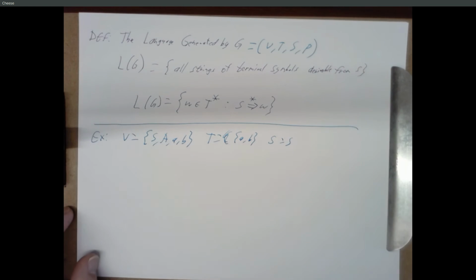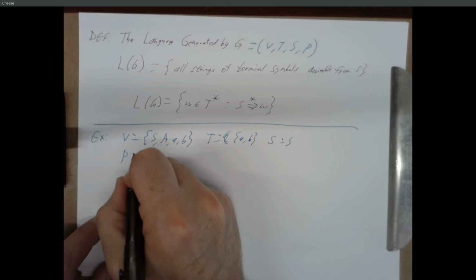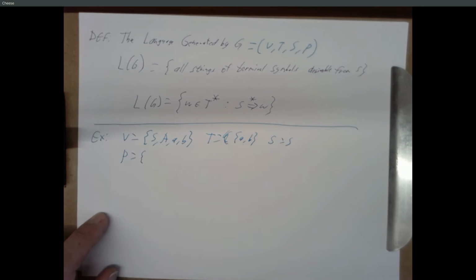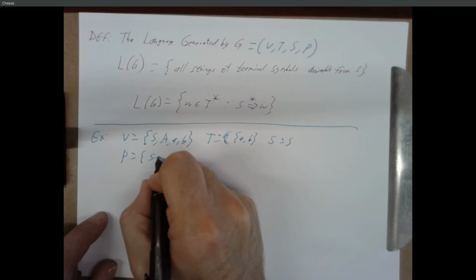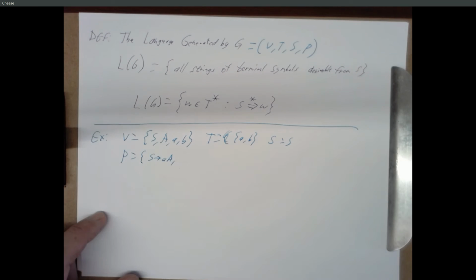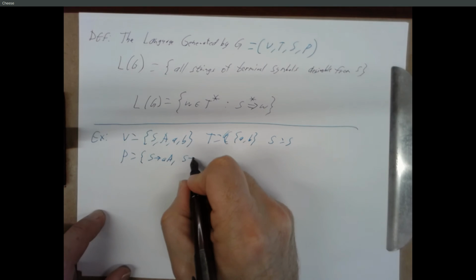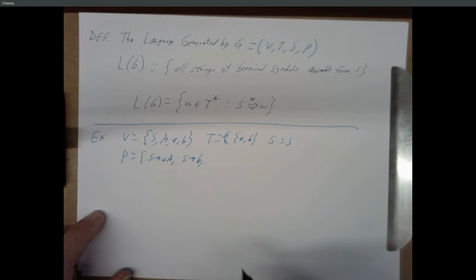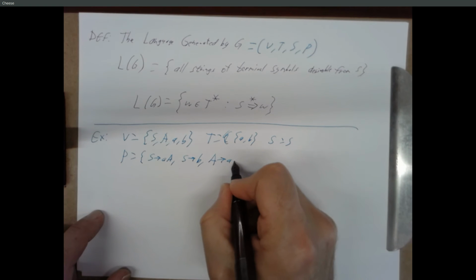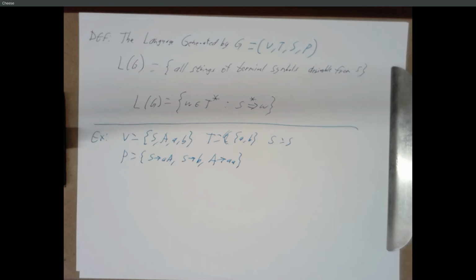Start symbol is S. And our production rules are as follows. S goes to little a, big A, S goes to little b, and big A goes to two little a's. So what strings of terminals are derivable from S, given those three production rules?